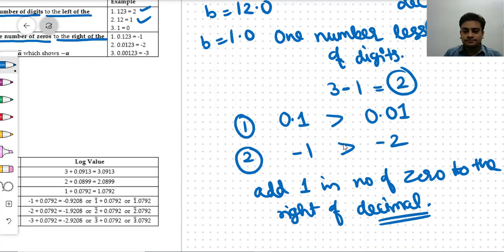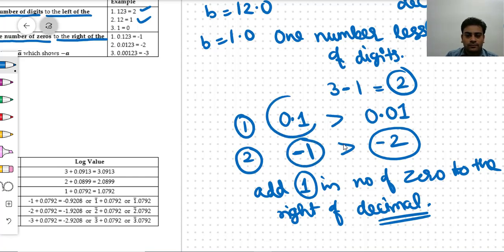Now you can see in the first case, in 0.1, after the decimal we don't have any 0, so the number of zeros is equal to 0, so we need to add 1, and that is why it is equal to -1. Is this clear? The other example is, let's say, 0.01. After the decimal we have one 0, and we need to add 1 also, so that is equal to -2. Are these two things clear to you?